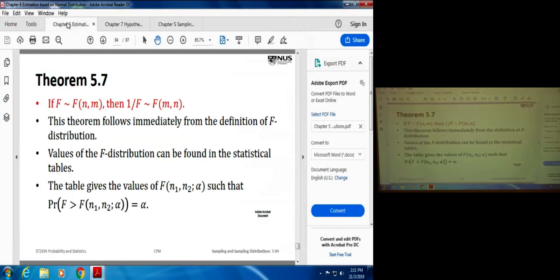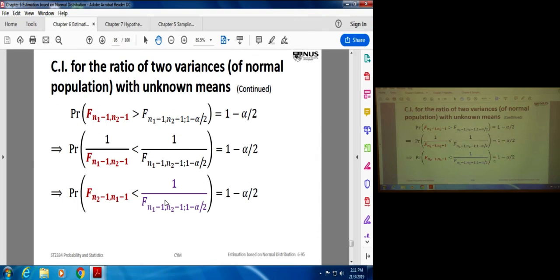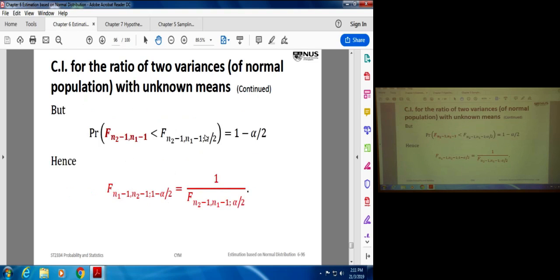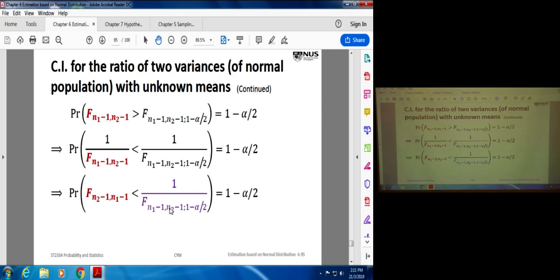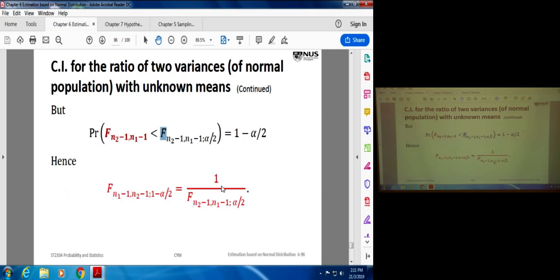Very good. So this is where we've got to. Then the next line is by definition equal to this. By definition, the probability that I'm less than this thing is equal to this thing. So the point is that this value here must be equal to this value here. It's just a restatement.